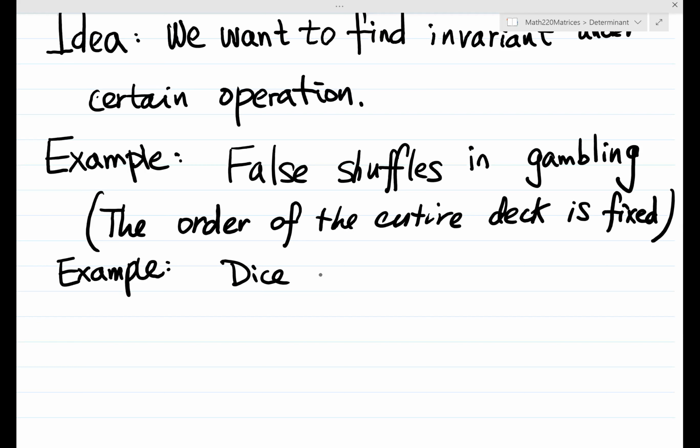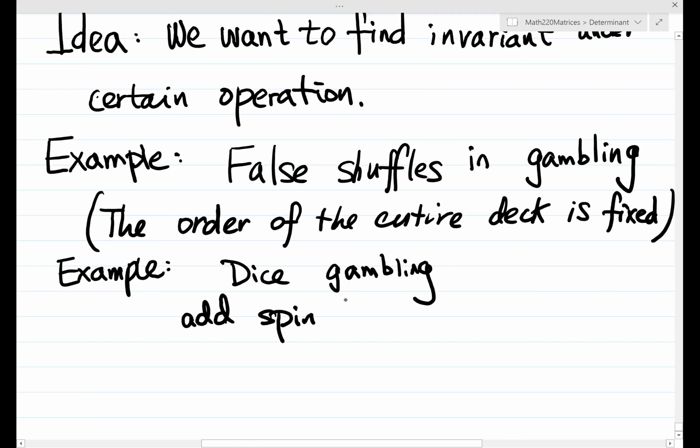So in dice gambling, you throw out the dice with a certain spin, and the dice is more likely to keep its initial direction. So if you start with 5 and use some spin, it's more likely that the dice will finally end up with 5 points.